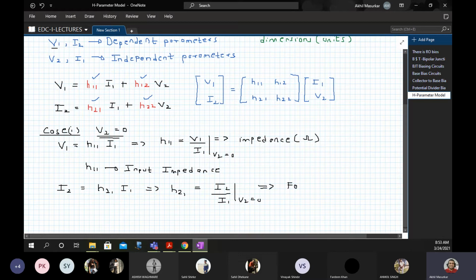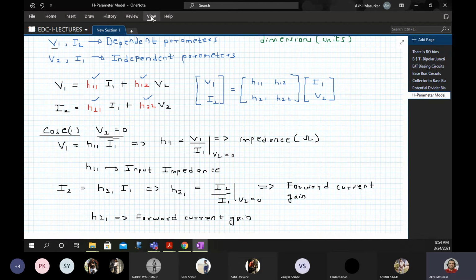So we say this is forward current gain. So H21 becomes forward current gain.